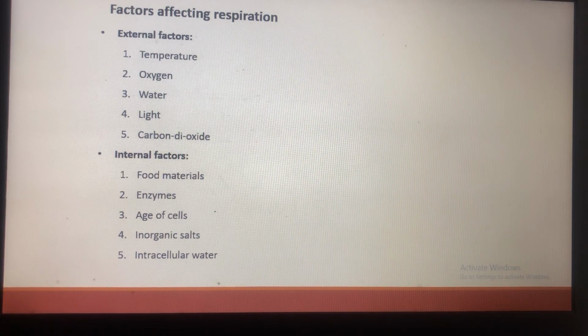Next is inorganic salts. Though some salts inhibit the process of respiration, there are some salts in the cells that are essential for the running of normal activities of the cell and to drive the process of respiration. Our last internal factor is intracellular water, which is necessary to dissolve different respiratory substances and to increase the effect of enzymes.